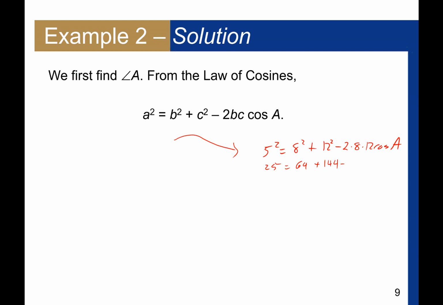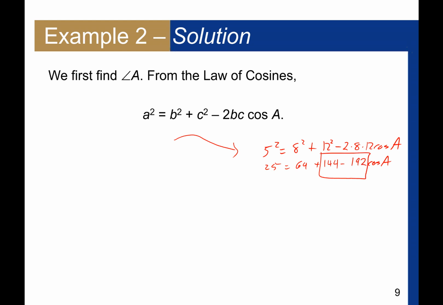All right, I've taken care of all of the exponents here. The 2 times 8 times 12 should give us 192, but that is still multiplied by the cosine of A.